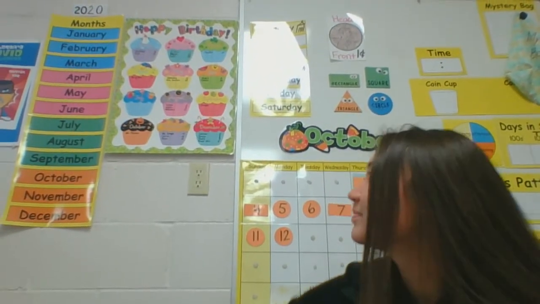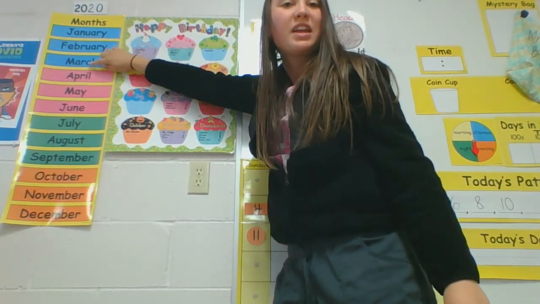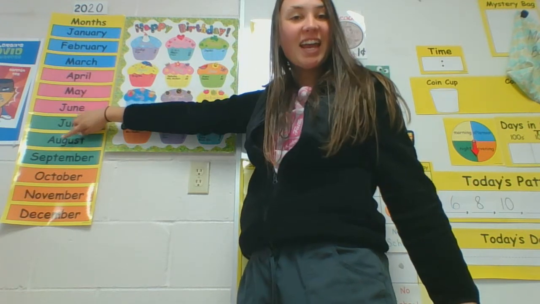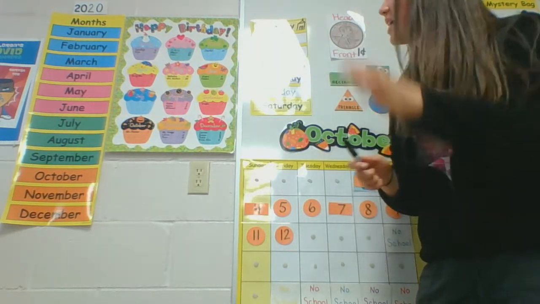How many months are there in a year? Do you remember? Let's count it out today. Ready? 1, 2, 3, 4, 5, 6, 7, 8, 9, 10, 11, 12. 12 months in a year. That's right.